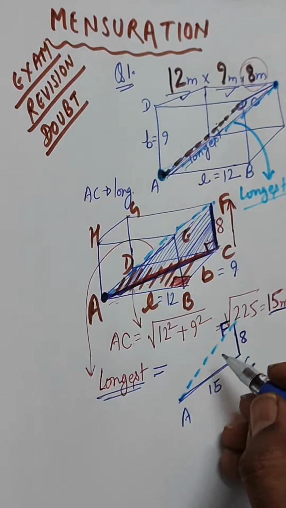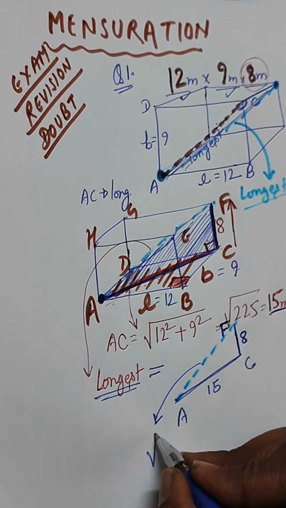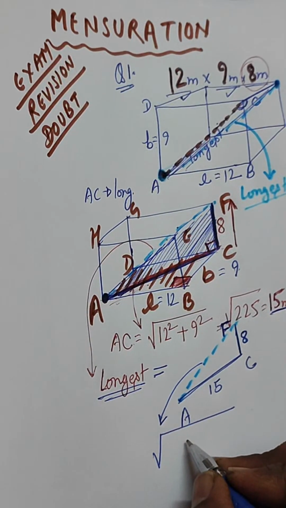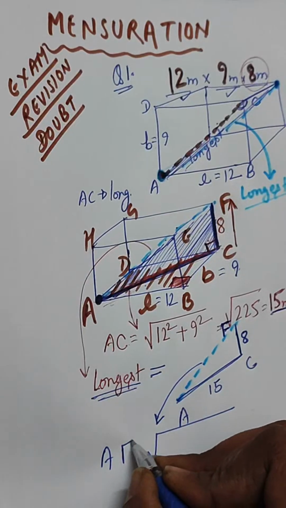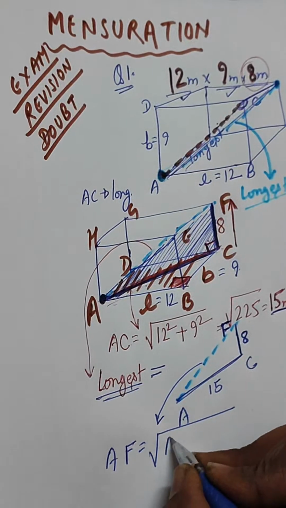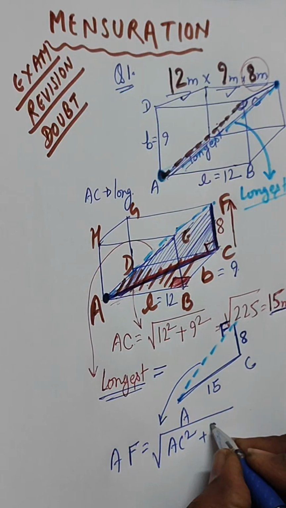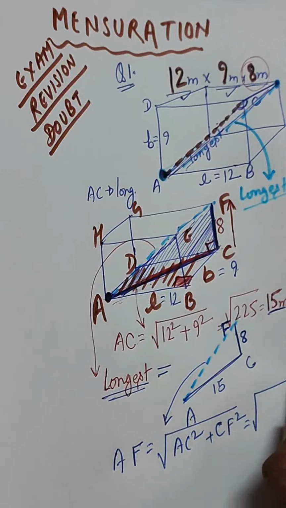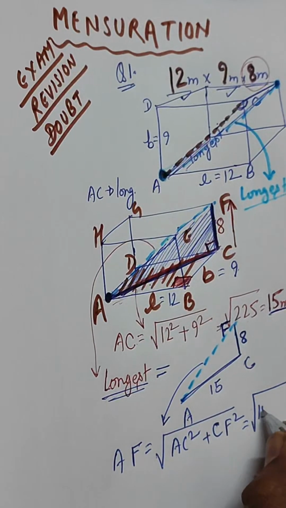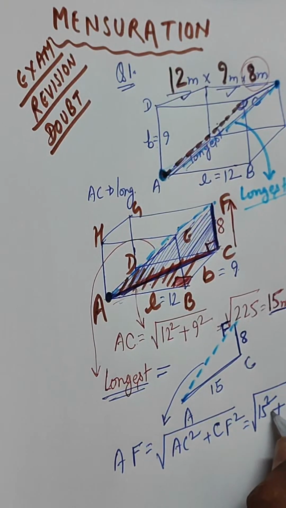So AF is considered as root over of AC square plus CF square. And what is AC? AC square is 15 square. And what is CF square?